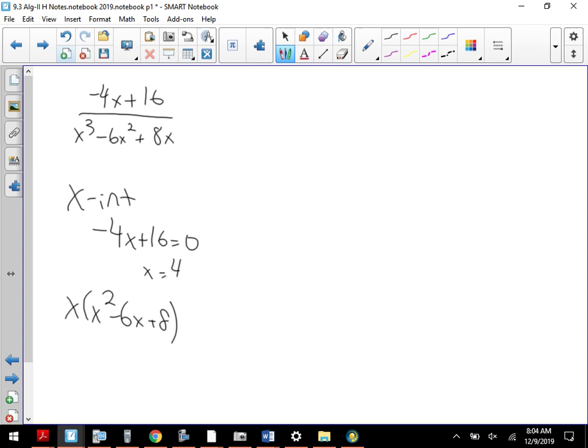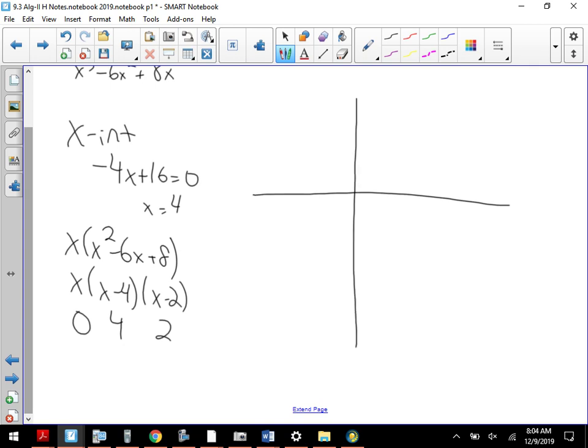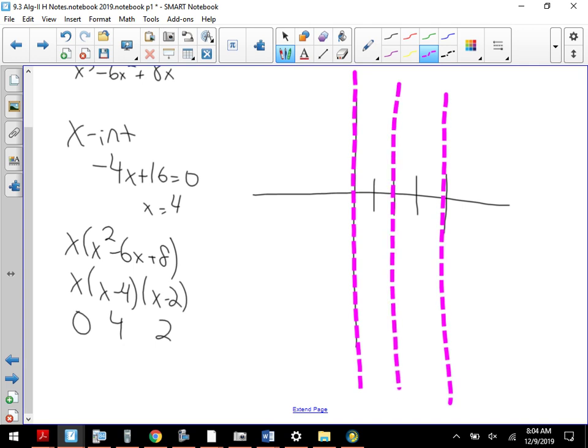So that gives me zeros at 0, 4, and 2, because that factor term would be x minus 4, x minus 2. So 0, 4, 2. So as of now, the only thing you can plot for me is 0, 4, 2.